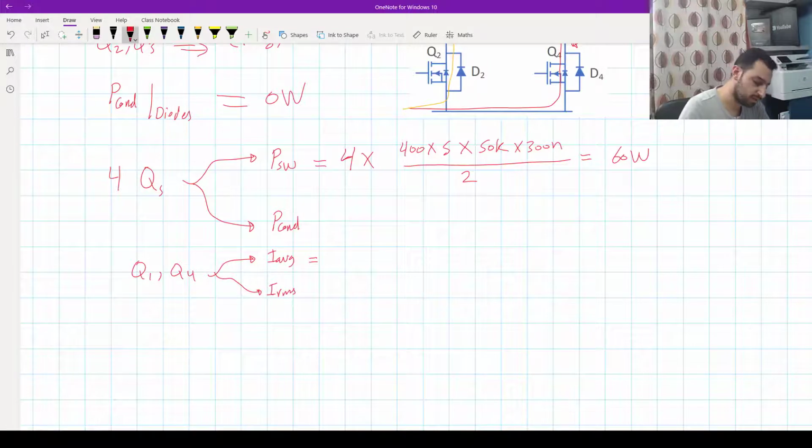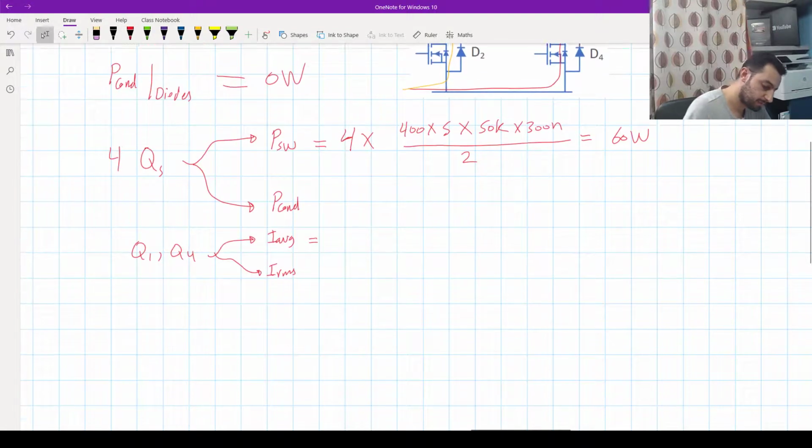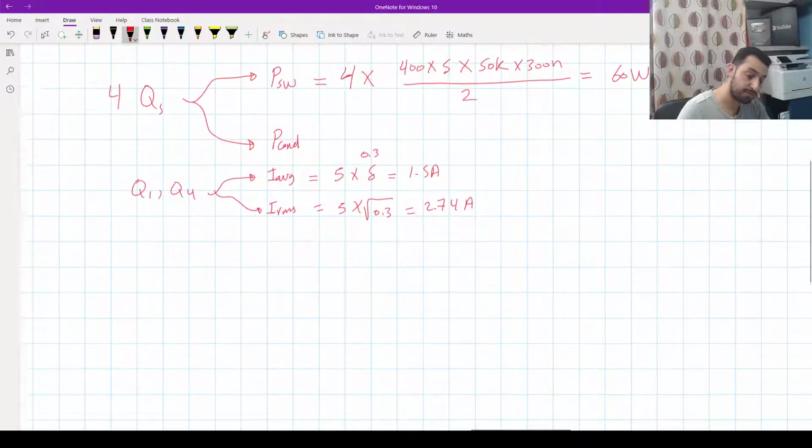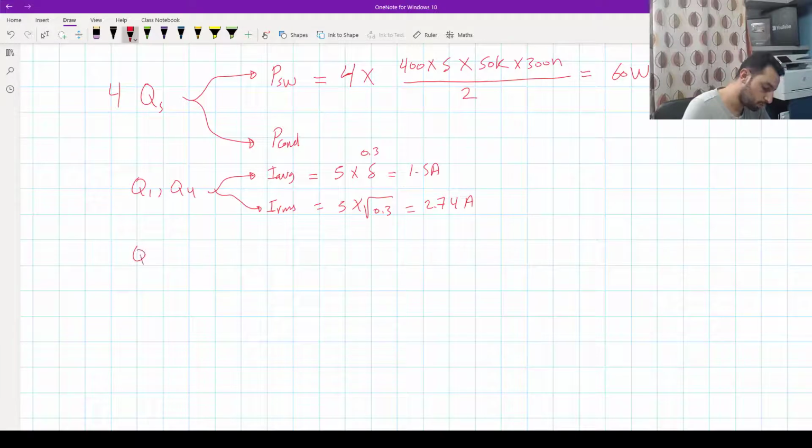I average equals 5 amp times delta, which is 0.3, and that equals 1.5 ampere. For the RMS we have 5 ampere times square root of 0.3, and that gives us 2.74 ampere.